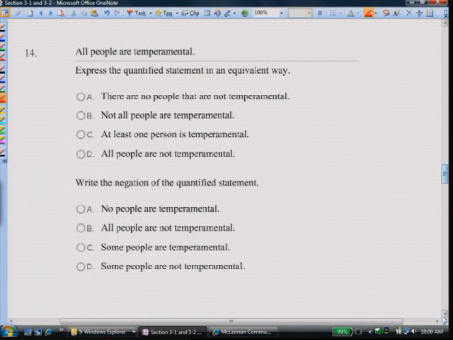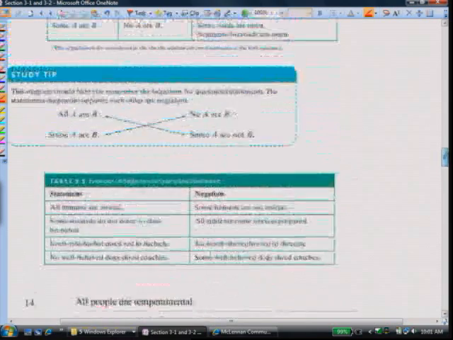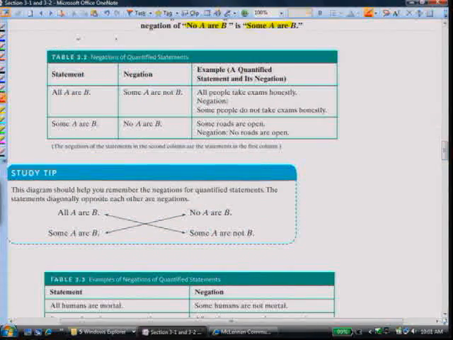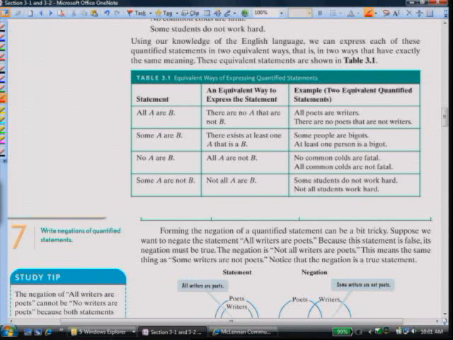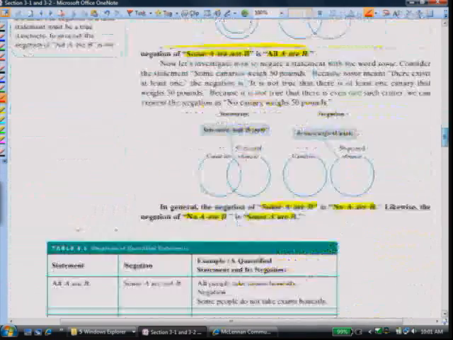Express the quantified statement in an equivalent way. So now we're just looking for an equivalent statement. If you go up here, you can have some equivalent statements. That was a little chart, right? All A are B, and it says there are no A that are not B is an equivalent way to express it.